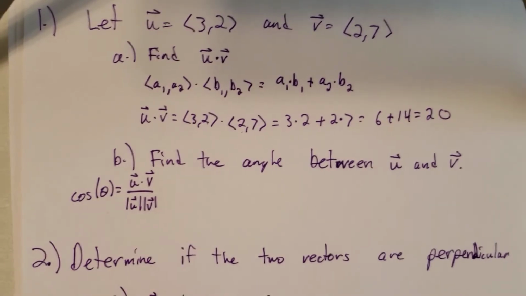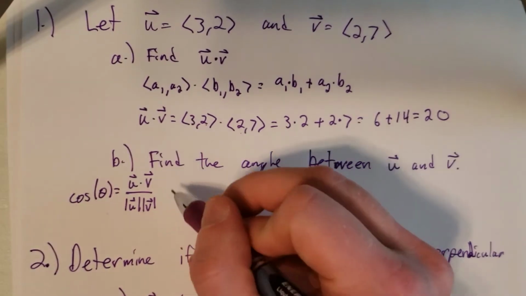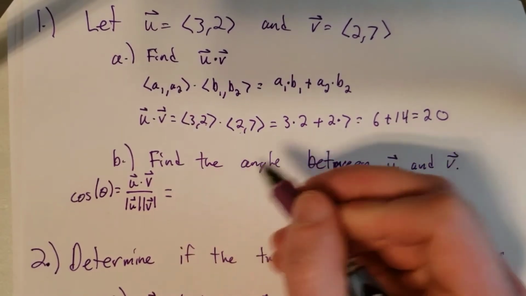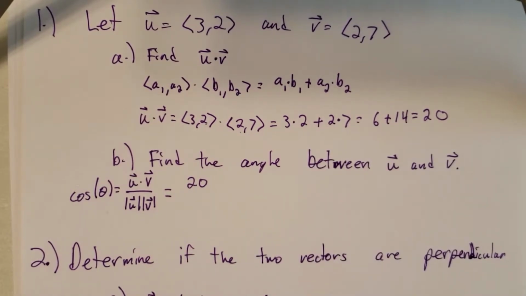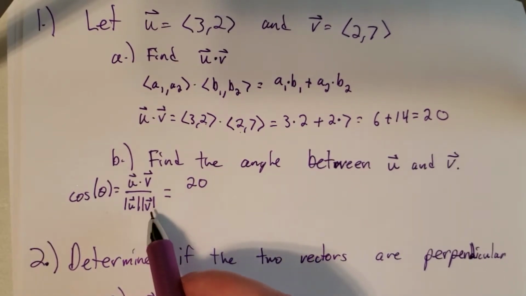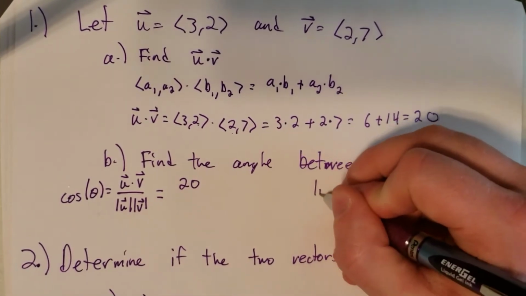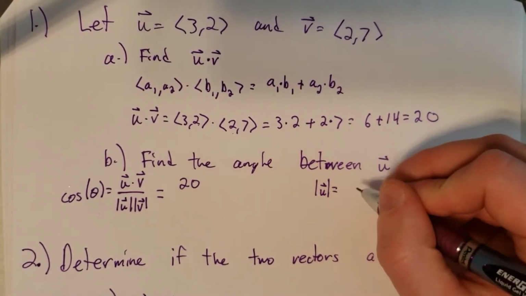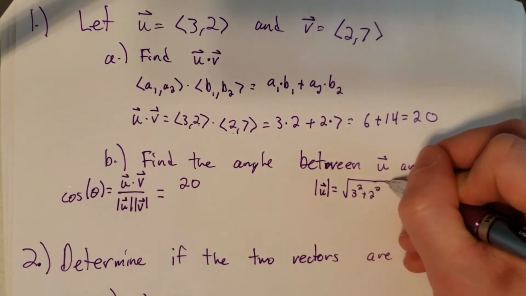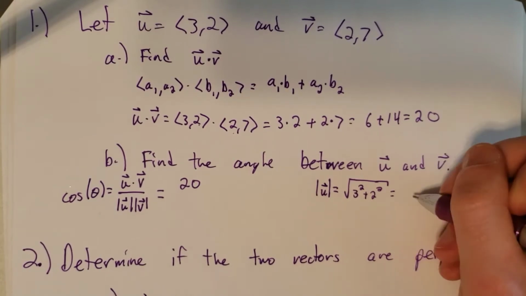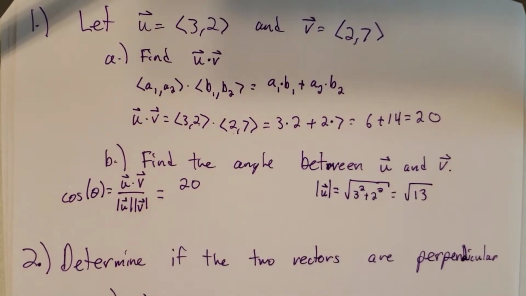So to calculate this, we need u dot v. Well, we've already done that. That was 20 in that first problem. But we also need to calculate the magnitude of u and the magnitude of v, so we'll do that over here to the side. The magnitude of u is the square root of 3 squared plus 2 squared. 3 squared is 9, 2 squared is 4, so 9 plus 4 is 13, so it's the square root of 13.